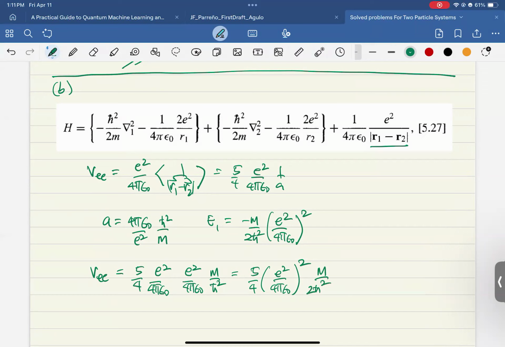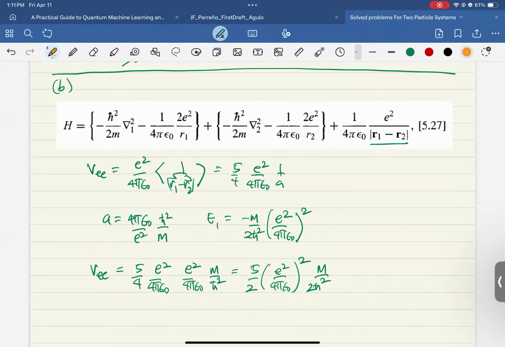Lalagyan ko dito ng 2. Siyempre, tatanggalan ko to ng 2 dyan. Okay, and itong expression na ito is nothing but yung E1, right? Or negative E1. So 5/2 negative E1.